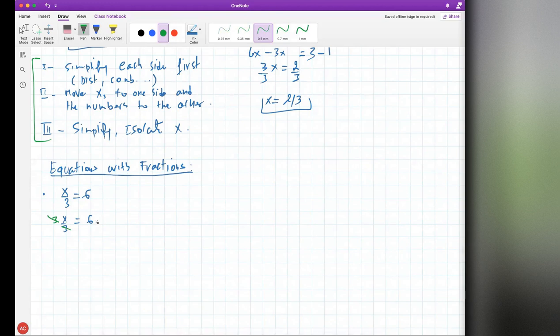You multiply by 3 as well, so we end up with x equals 18. Just like before, this is what we call the multiplication property of equations, which means multiplying both sides. Because we had a division, the opposite of division is multiplication. If you have addition, you subtract. If you have subtraction, you add. Basically, you do the opposite, so you can cancel whatever number you need to cancel.